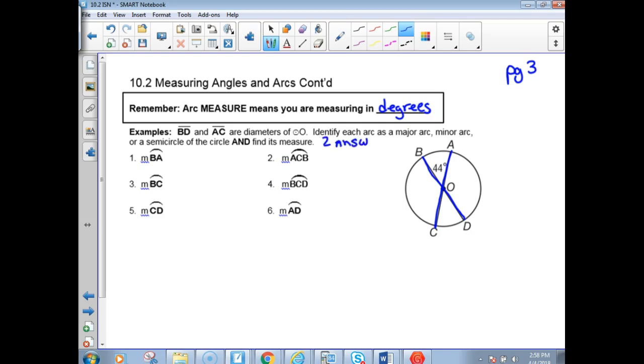I've had a question similar to this on a quiz or test, and people only get one of the answers because they don't read carefully, and it wants 2 answers: what type of arc it is, and the measure. So if I find arc BA, it's a minor arc. I'm going to write minor, then a comma, and then how big it is. Its measure would be the same as that angle, 44 degrees.